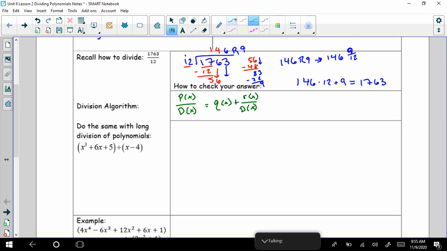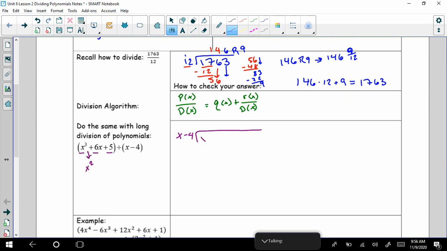So let's walk through here. And long division works every single time. It does get a bit tedious, but there's no limitations on it. In synthetic division, we will have some limitations. So we're going to put the x minus 4 on the outside. And then on the inside, we're going to make sure, and we do this on the outside too, that all degrees are counted for. And so we can see here we're missing an x squared term.